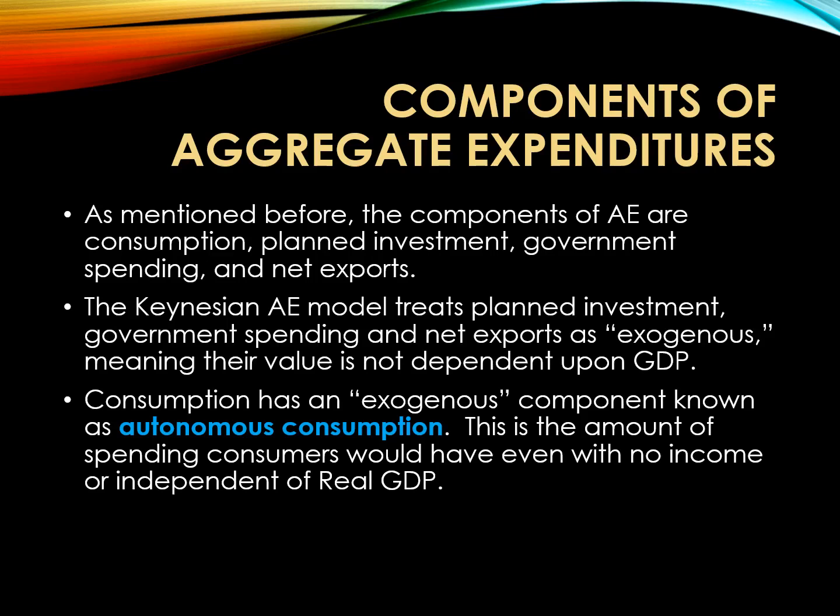As I mentioned before, the Keynesian aggregate expenditures model, which includes consumption, planned investment, government spending, and net exports, is going to treat investment, government spending, and net exports as exogenous, meaning that they are not contingent upon GDP.